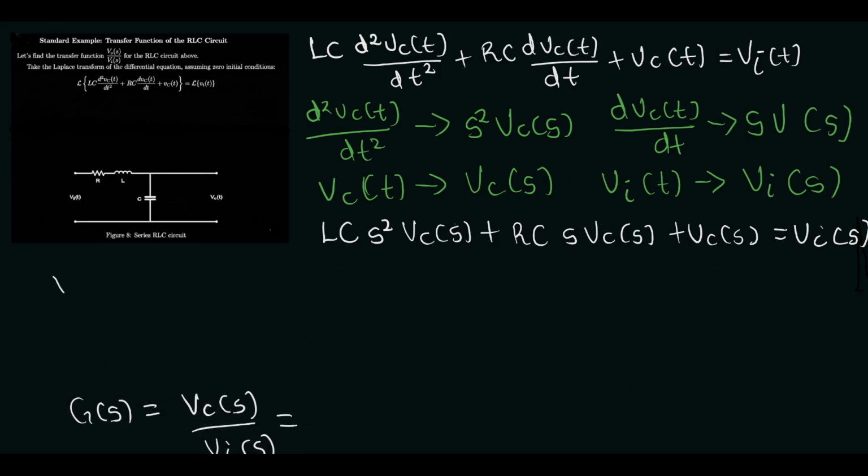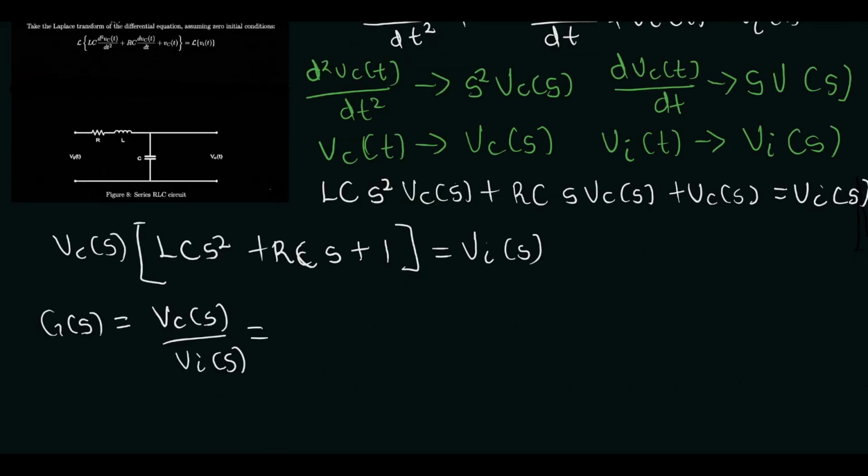Vc of s, open big brackets, LC s squared plus RC s plus 1, equals Vi of s. So, solving this, now you have 1 over that. So this is your transfer function.